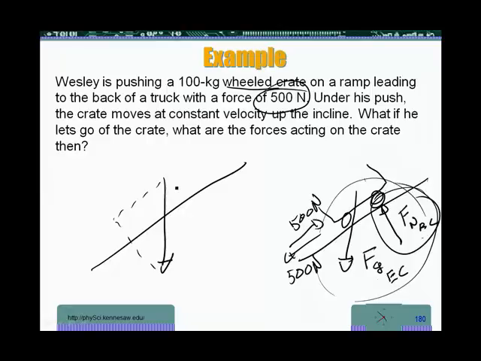So actually, the gravitational force is both pulling down the ramp and pulling perpendicular on the ramp. The gravitational force is acting both ways. So this tells us it is the gravitational force that was contributing the 500 newtons parallel to the ramp.